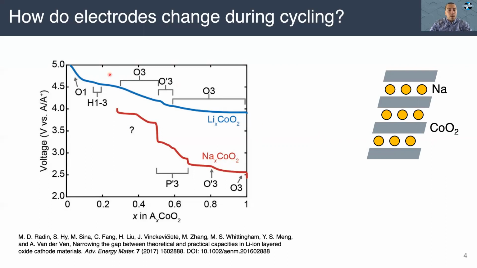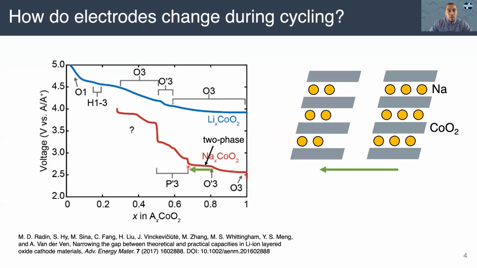And as you can see, the lithium cobalt oxide voltage curve is fairly smooth, while the sodium curve is full of these steps and small plateaus. So each plateau here corresponds to a two-phase reaction between phases with different sodium contents. And when this occurs, there's often a structural phase transition in which these metal oxide sheets change their stacking, like so.